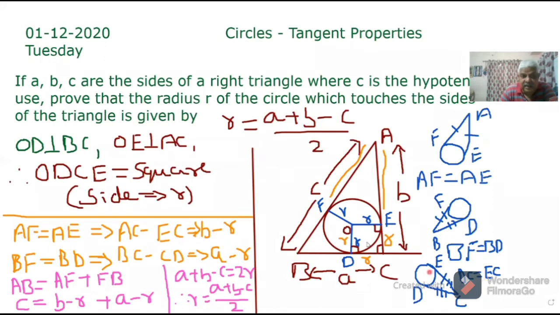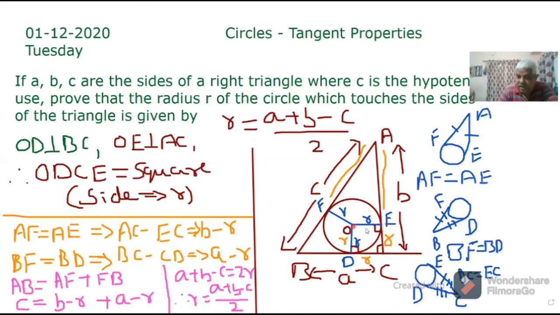Next, after considering this, observe children, OD is perpendicular to BC. In the same way, OE is perpendicular to AC. So OD is perpendicular to BC means angle D is 90 degree. In the same way, angle E is also 90 degree, remember children. So angle D is 90, C is 90, E is 90.